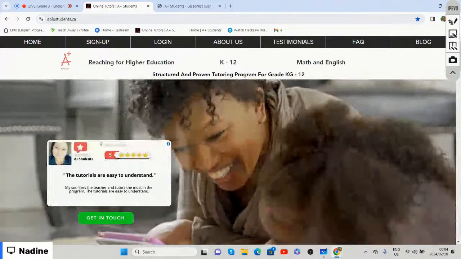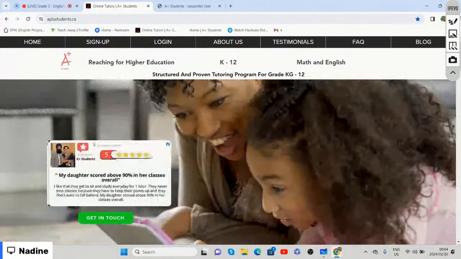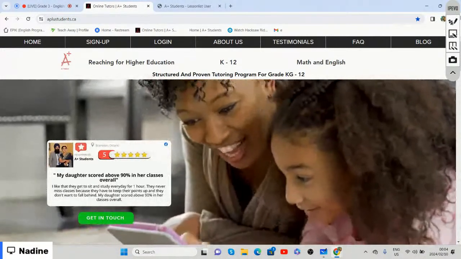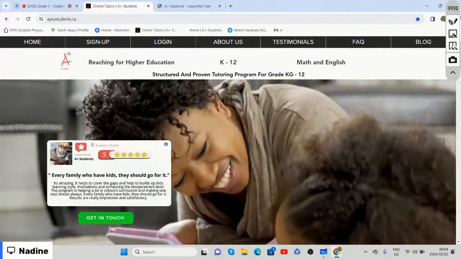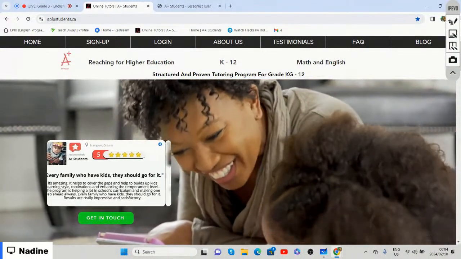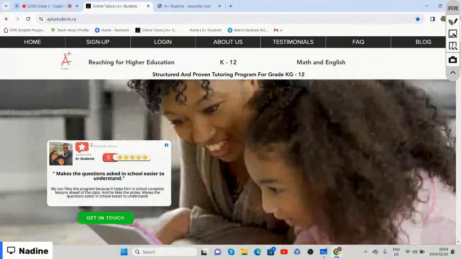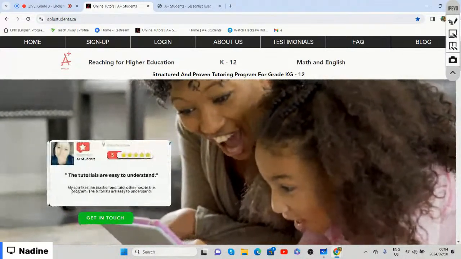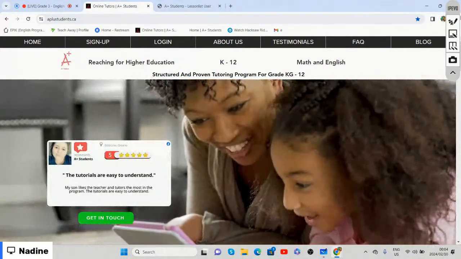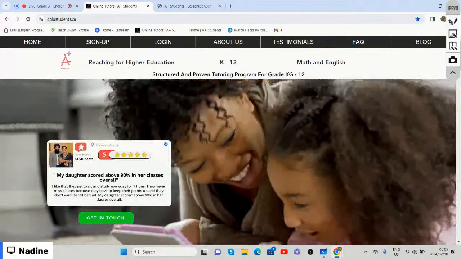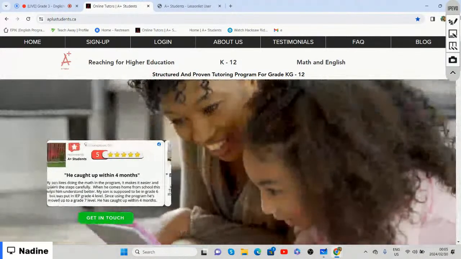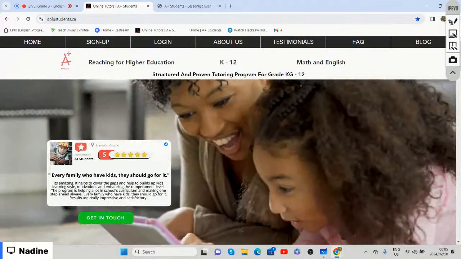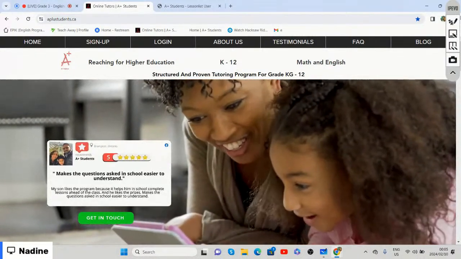Once you've logged on with our username as well as our password, we're going to select the subject of language arts, grade 3, and then scroll down until we get to the chapter of multiple meaning words.